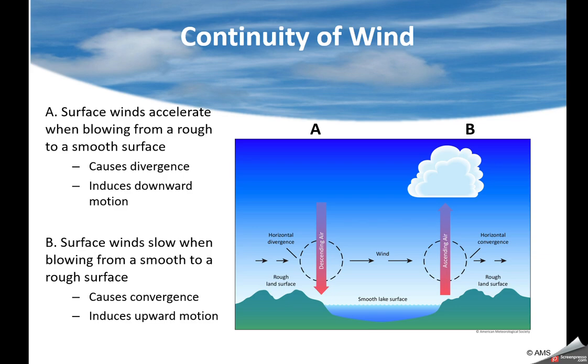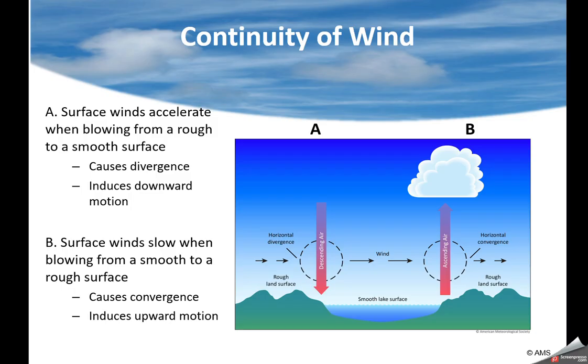So finally, we're going to talk a little bit about winds over water and this friction. If you lived along Lake Erie or along a coastline, like in Florida or along the East Coast, you're going to get a breeze coming from the water and towards the water, depending on the time of day. Winds over the water are always going to be stronger than the winds over the land.